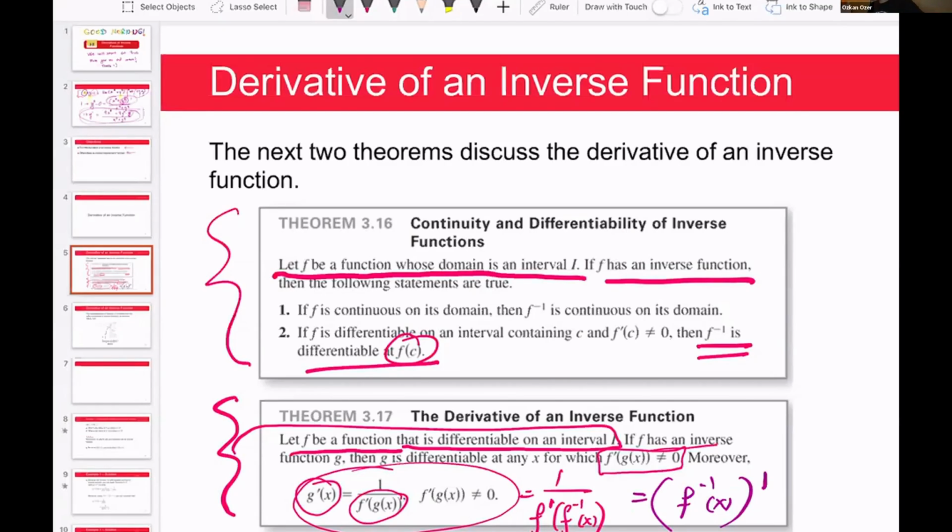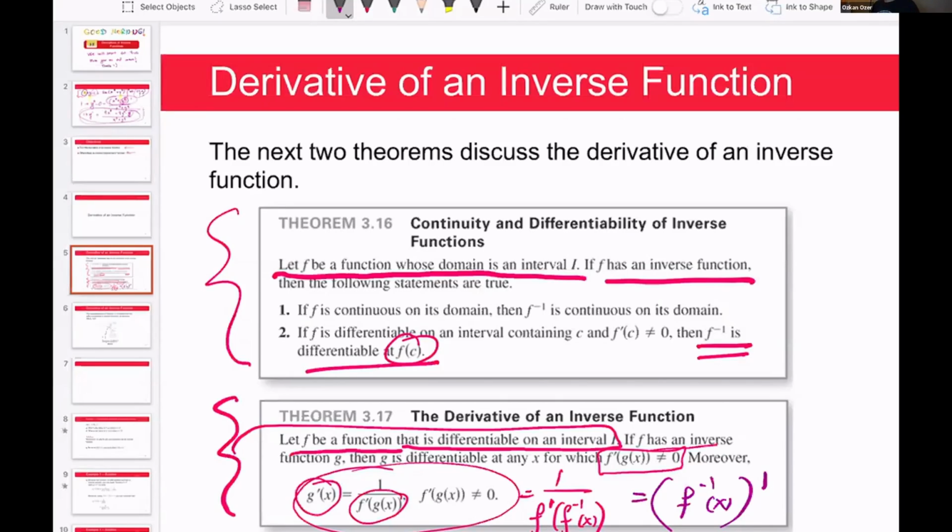That means, by the way, just staring at this formula a little bit, to find the derivative of the inverse function, you first need the derivative of the original function you start with, and as well, you need the inverse function. So to find the derivative, you still need the inverse function's expression. Otherwise, you can't calculate this. So again, two things are needed.